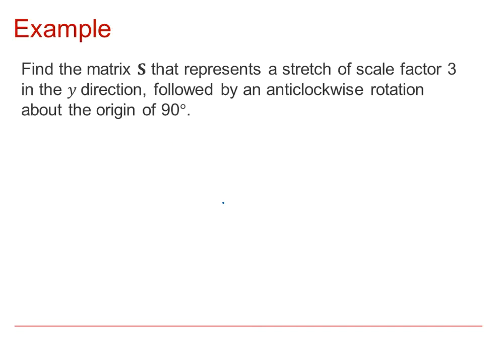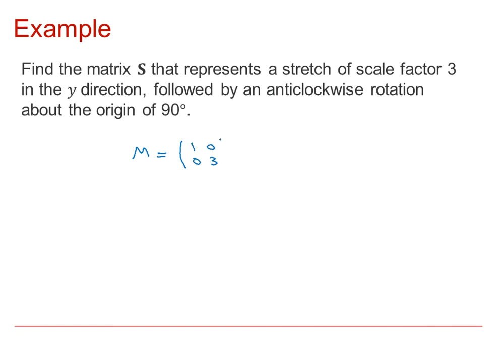So as a little example, can we find the matrix S that represents a stretch of scale factor 3 in the y direction followed by an anti-clockwise rotation about the origin of 90 degrees? So the first matrix that we're going to apply is the stretch scale factor 3 in the y direction, which I'm going to call M, and that matrix would be 1 0 0 3.